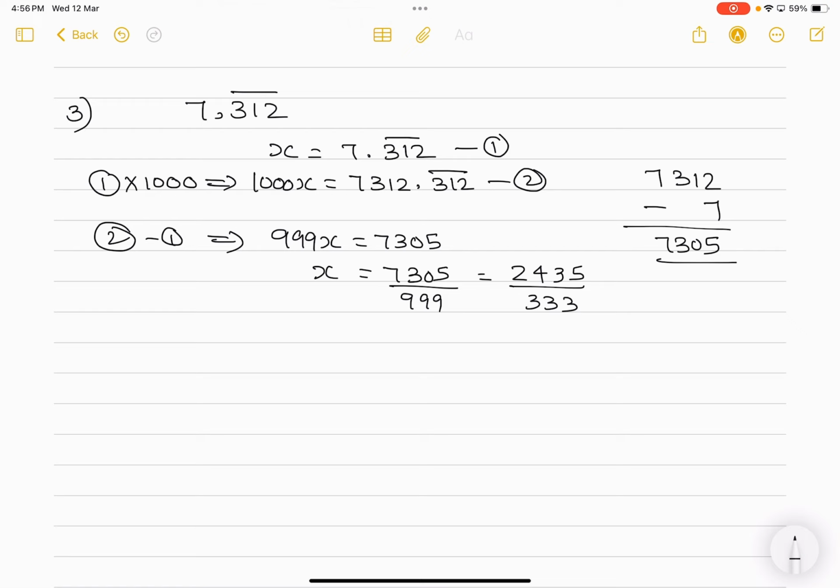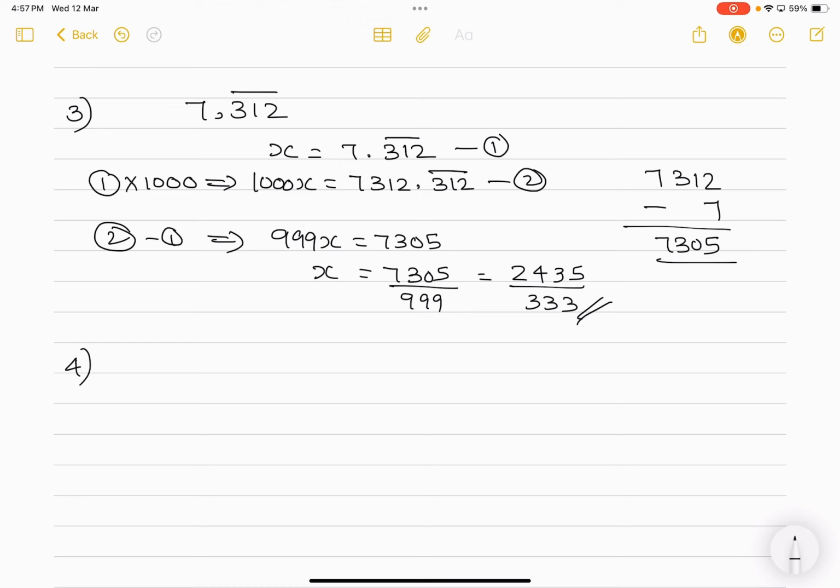Got it? Where is the first one, the 3.12 bar? Look at that. Understood? Then 7305 by 999. You can do it by the 3 table.